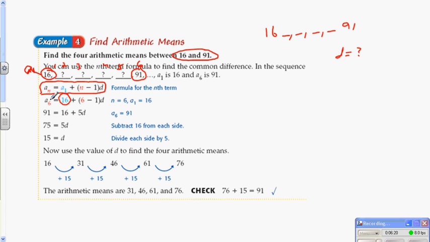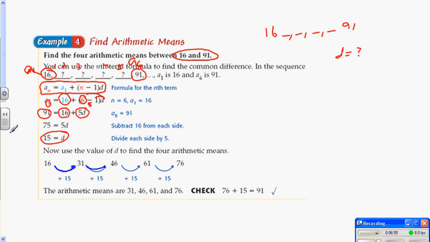So I can say A sub 6, which means I can put a 6 in there. And we also know that the 6th term, A sub 6, is 91. So we put that right here. You won't have to distribute. This is 5 times D. You have your first term, and you can solve this for D. Subtract 16, divide by 5, and D is 15. Now, once you know that, add 15, and so on.